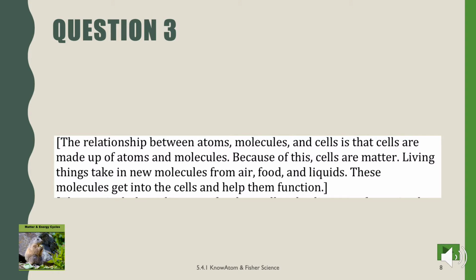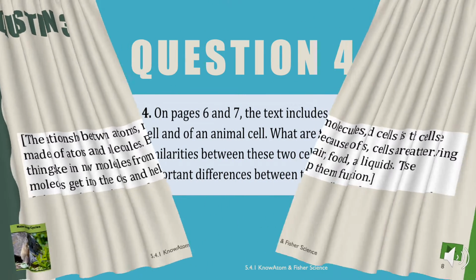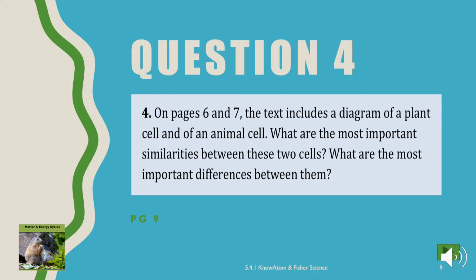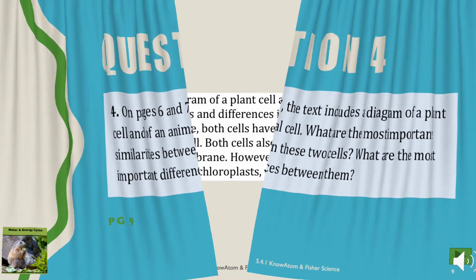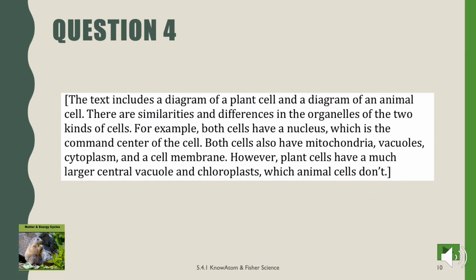So we're able to see that everything is made up of matter because everything is made up of cells and molecules and atoms. Question number 4 says, on pages 6 and 7, the text includes a diagram of a plant cell and of an animal cell. What are the most important similarities between these two cells? What are the most important differences between these cells? So, one of the things that's going to be the same is that they both have a nucleus, which is our command center.